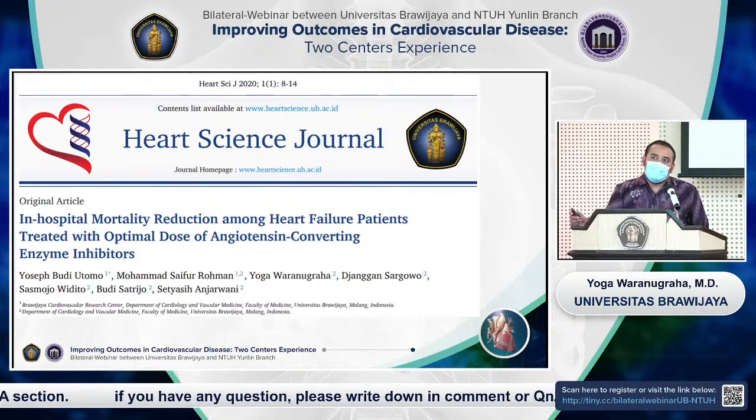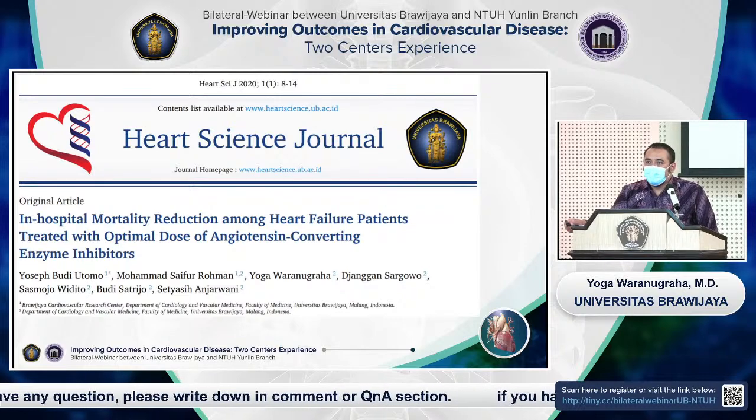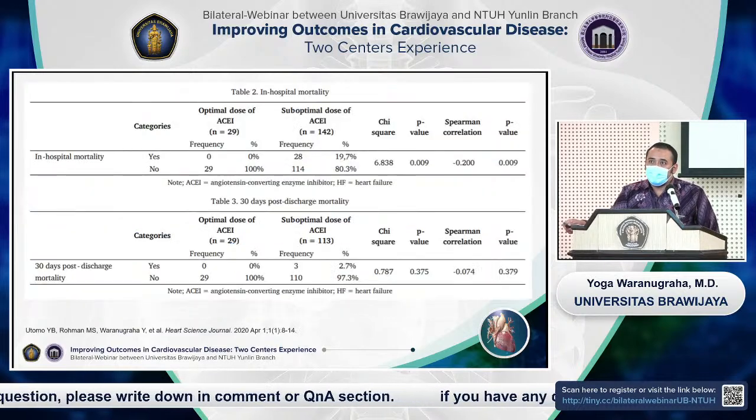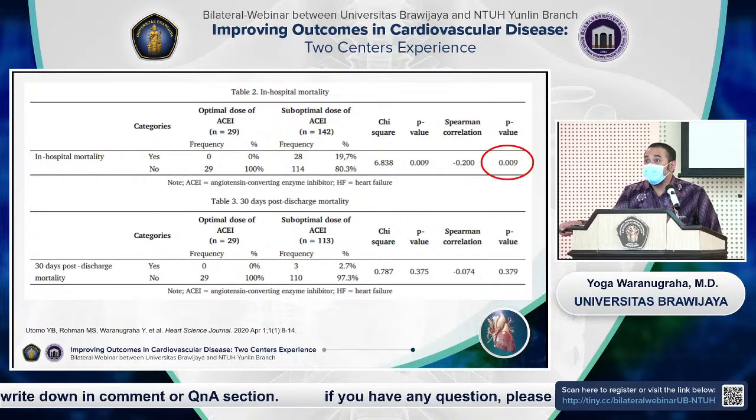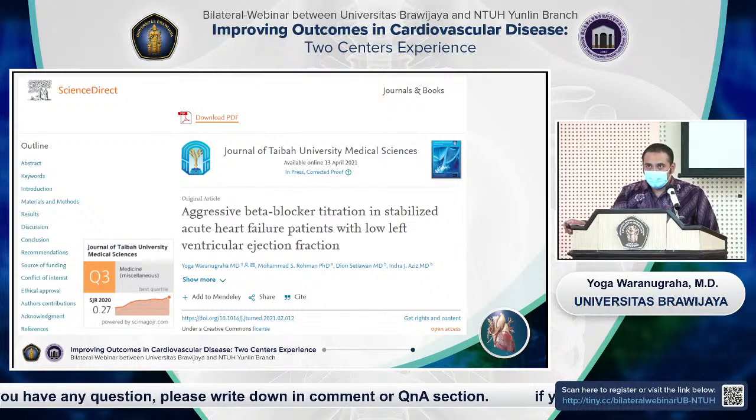And this is our next paper that came from the heart failure registry. We have proved that the optimal dose of ACE inhibitor can significantly reduce in-hospital mortality. And lastly, this is our recent publication in a Scopus journal about aggressive beta blocker titration.